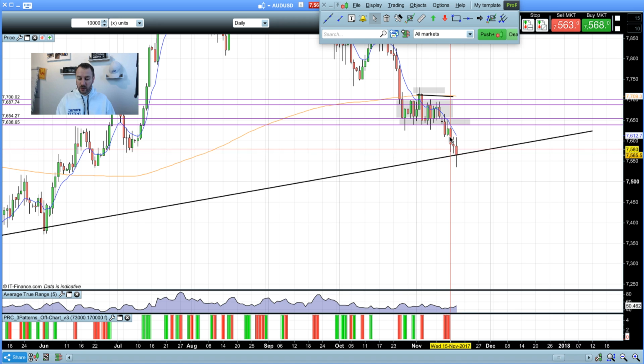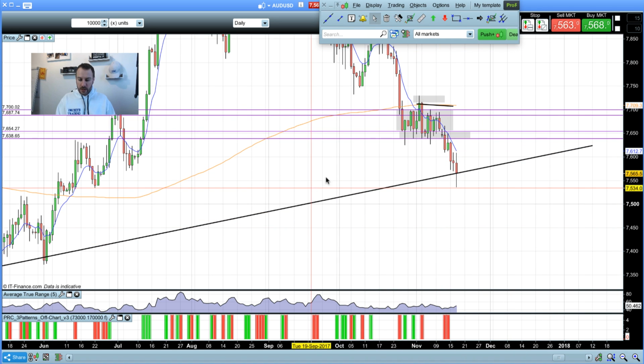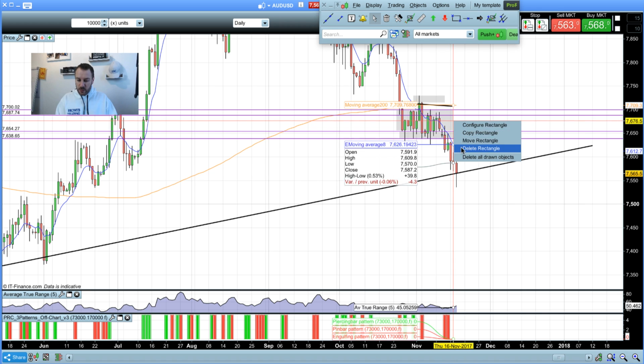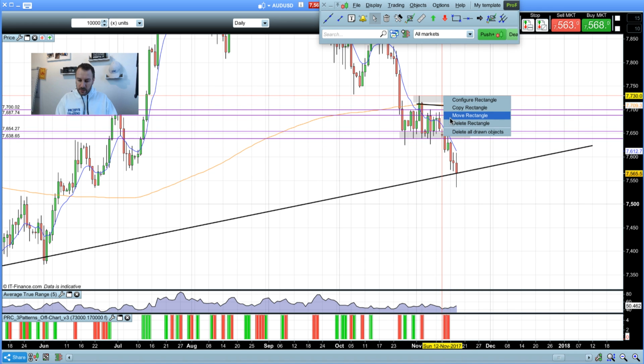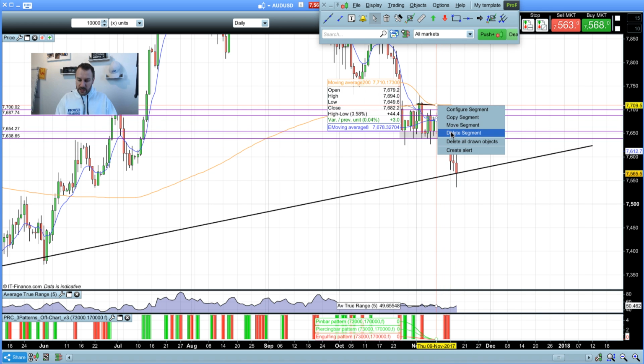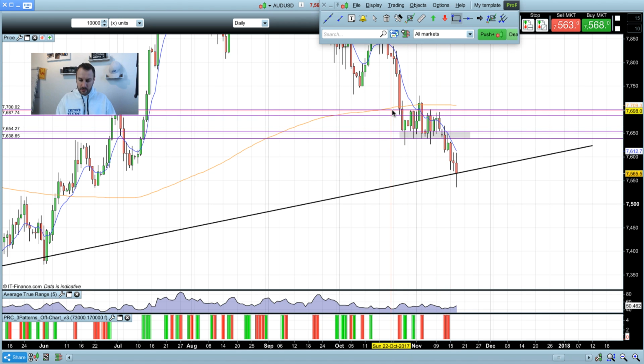And as it's been coming down, what have we seen? The buyers stepping in here, here, and then on Friday also, it made a break all the way down toward around about 7,535 and then popped back up above this sloping support area. So, coming into next week, let me just get rid of some of these markings right here.